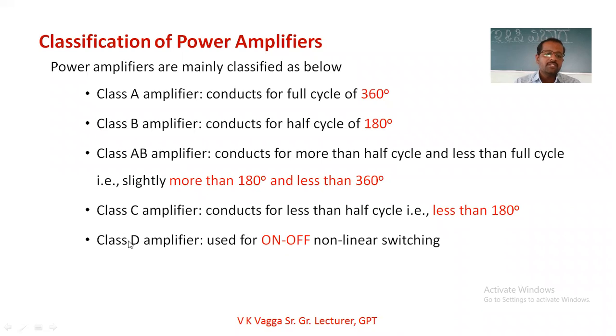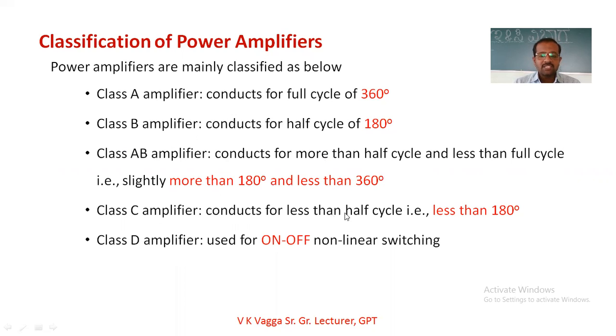So it's very easy to remember. Class A operates for the full cycle, which is 360 degrees. Class B is half cycle, 180 degrees. Class AB, in between A and B, is more than a half cycle and less than the full cycle, in between 180 degrees and 360 degrees.